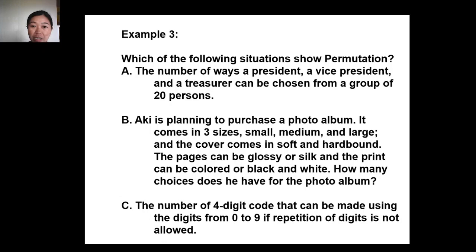So, ibig sabihin, kailangan nating i-arrange yung tatlong tao from 20 persons dun sa position na President, Vice President, and Treasurer. Meaning, the given situation for letter A is permutation. Kasi meron tayong position na kailangan natin i-fill in and kailangan din natin i-arrange.